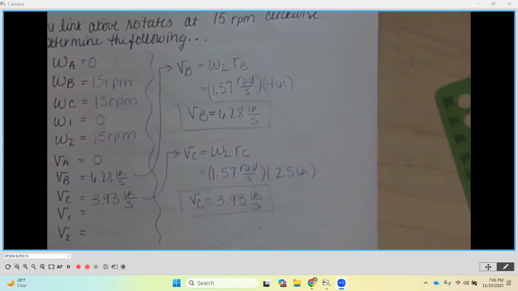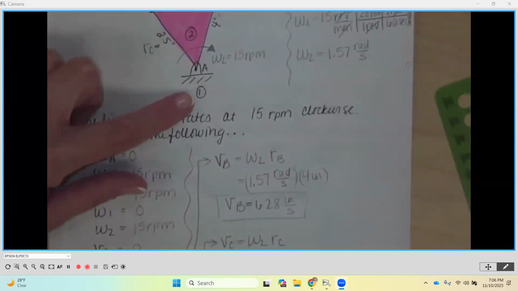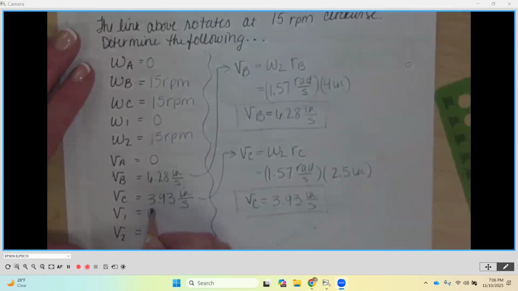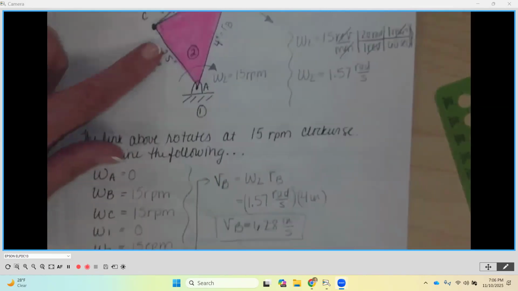Okay. All right. We've got 2 more. Velocity of link number 1. 0, right? It's the frame. It doesn't move. So that's going to be 0. And what about the velocity of link number 2?